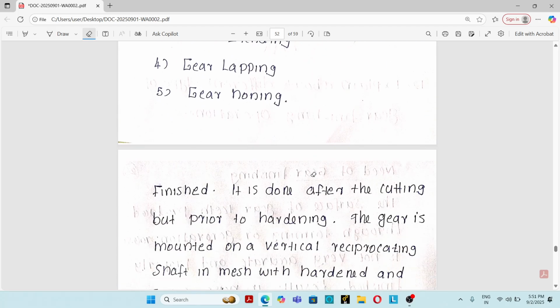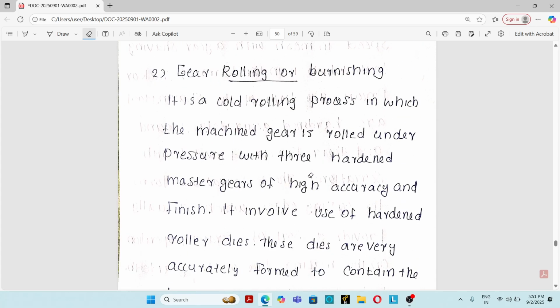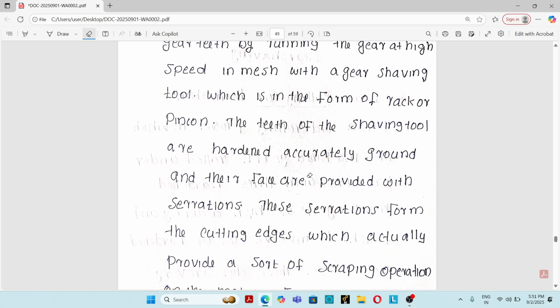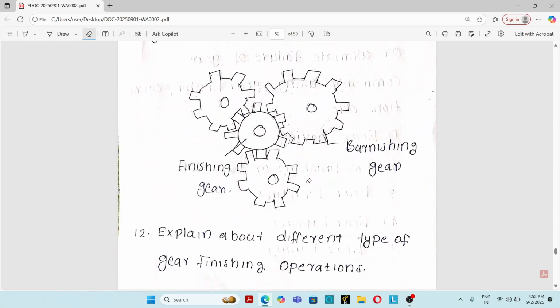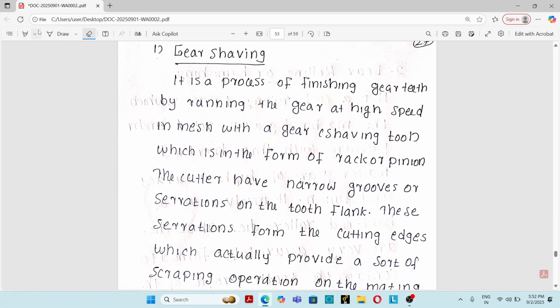First one, the gear shaving process. It is a process of finishing gear teeth by running the gear at high speed in mesh with a gear known as the shaving tool, which is in the form of a rack or pinion.